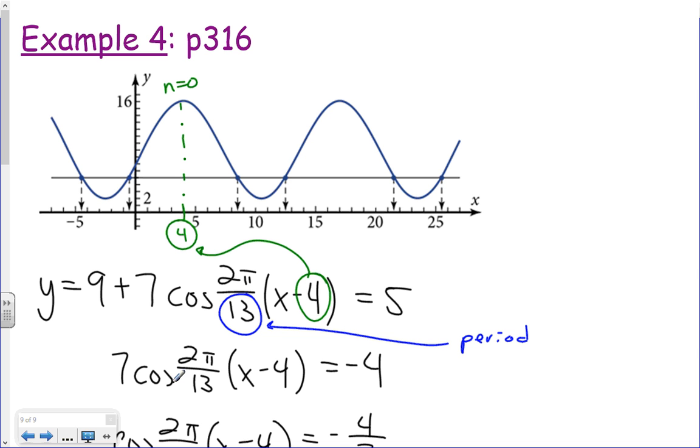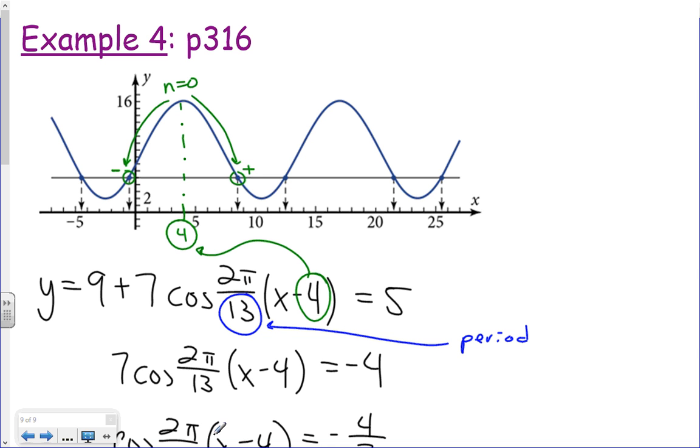So here are the 6 solutions that I see here. With n equal to 0, when I go backwards to the left, if I use the negative cosine inverse, I'll get that solution there. That's at a negative 1/2. And this solution over here to the right will be the positive cosine inverse. That's the one that's somewhere around 8.5. Those are the 2 solutions there with n equal to 0.